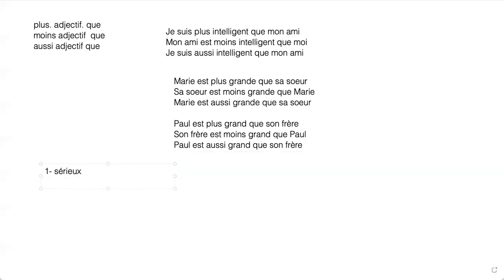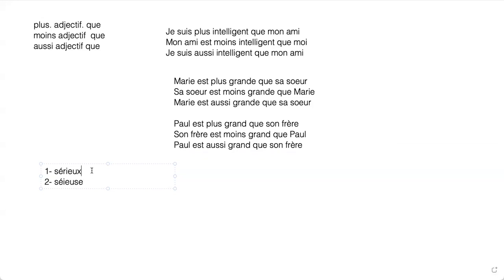And the second step is I want you to change to feminine form. So you know that if you have X at the end, and if you want to change to feminine form, you need to change X to S, and you need to add E at the end. If we pronounce this one sérieux, but this one sérieuse.